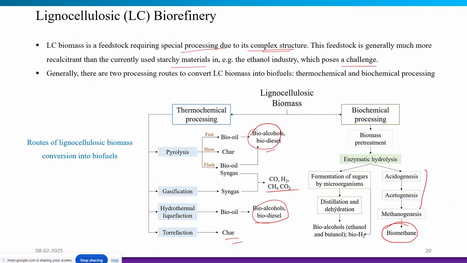After distillation of the product and dehydration, we are also getting ethanol, butanol, those kinds of bioalcohols, and a lot of biohydrogen. So we are getting a lot of products out of the lignocellulosic biorefinery. It has high potential to compete with the existing petroleum refinery.